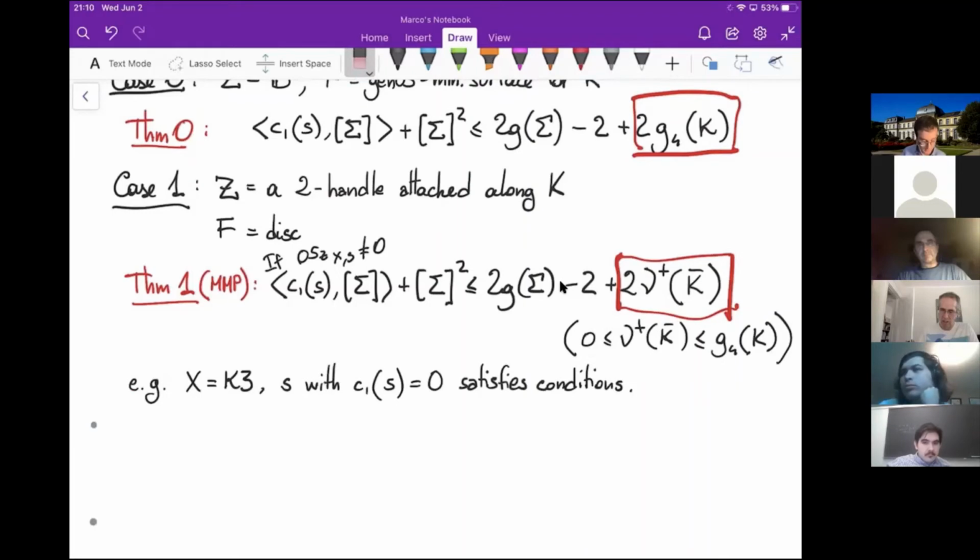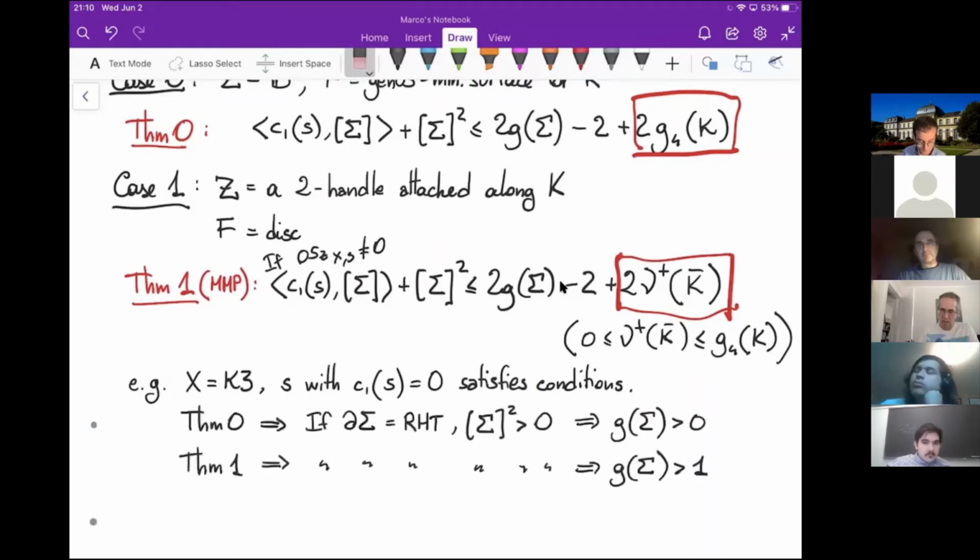This is a result of Ozsváth and Szabó. Theorem 0 says that if the boundary of sigma is the right-handed trefoil and sigma squared is positive, then the genus of sigma is positive. But theorem 1 says that in such a case, the genus of sigma has to be greater than 1. So you need at least genus 2. So you get some strengthening.